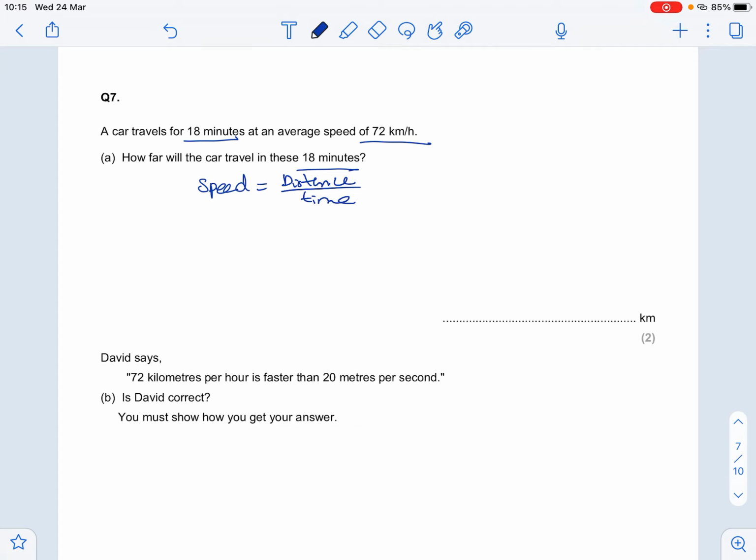In this question, we want to find the distance. So distance equals speed multiplied by time. And remember, our units need to be the same. This is kilometers per hour, but this is in minutes. So we need to convert the minutes into hours.